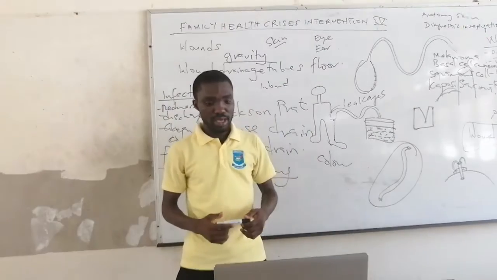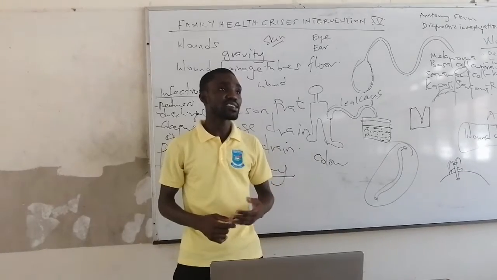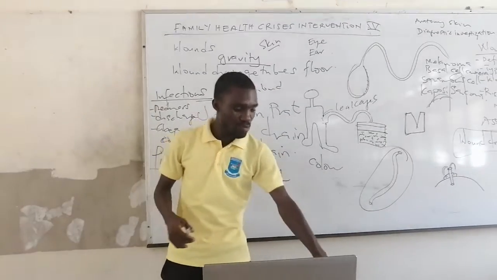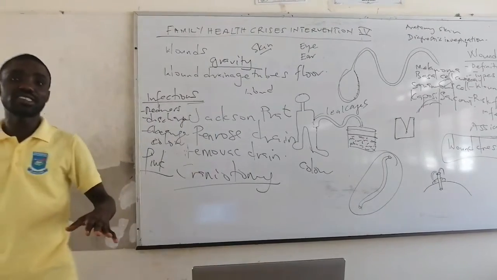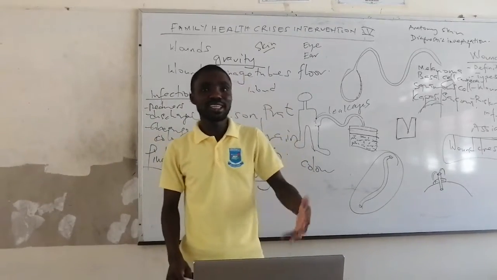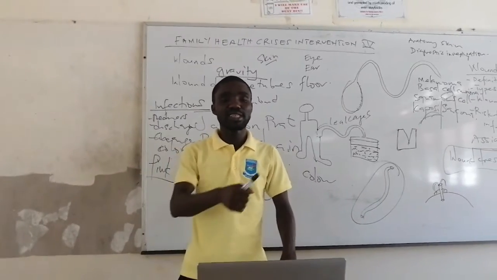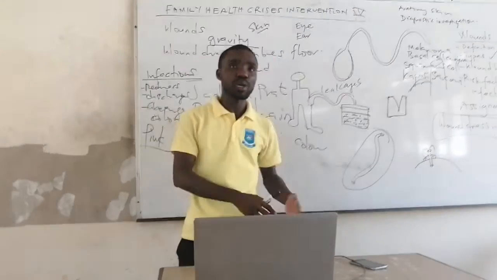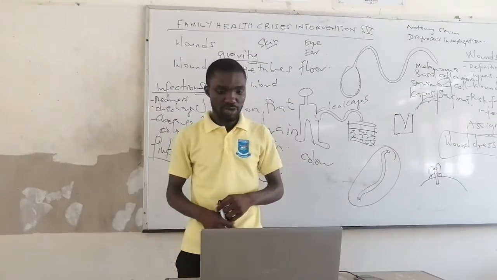So that you can be comparing to know whether the condition is getting better. Because most of the time it's expected that as time goes on, the drainage decreases, right, so that after 3 days or 2 days, if there is no drainage, the tube can be removed, right, because the tube is there for a purpose. So if that purpose is no more, it means that the tube has to be removed.